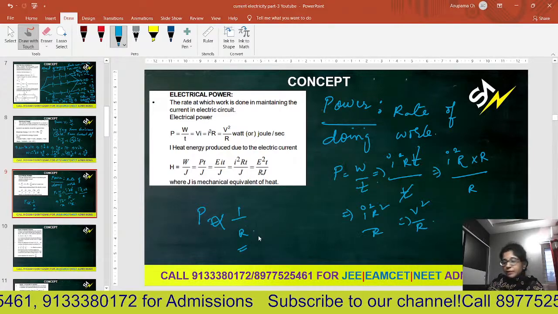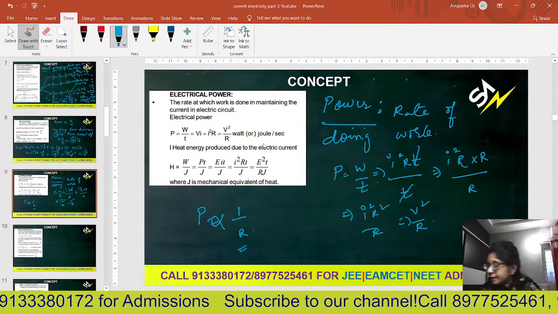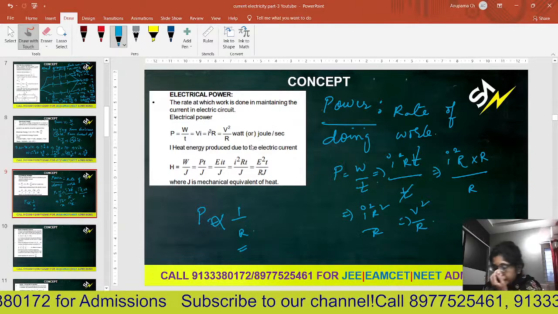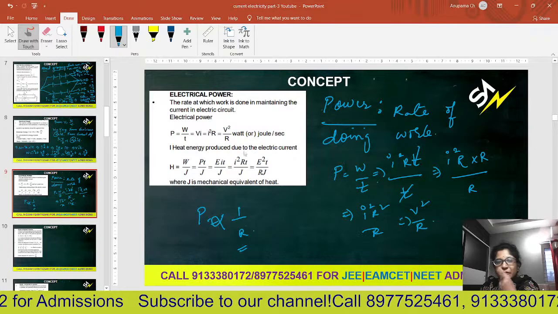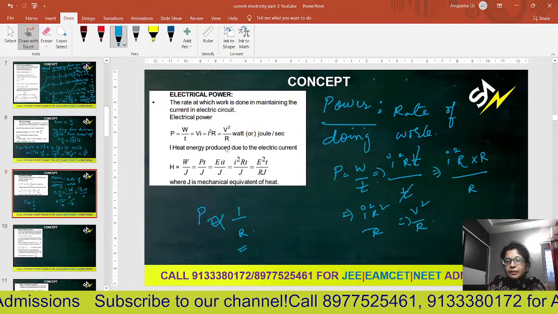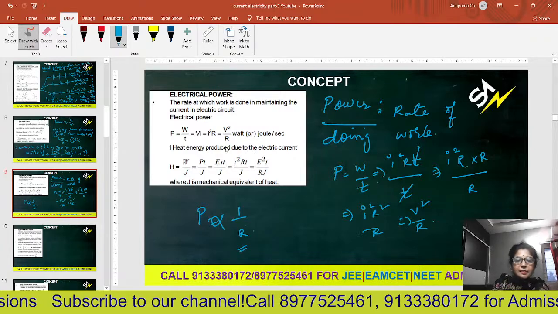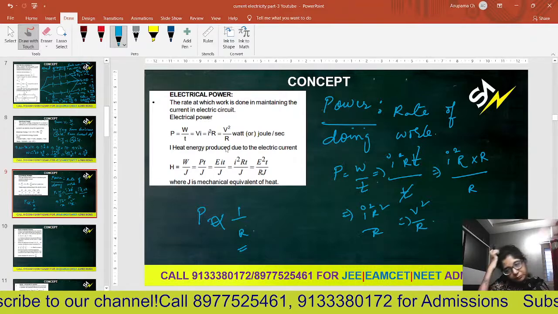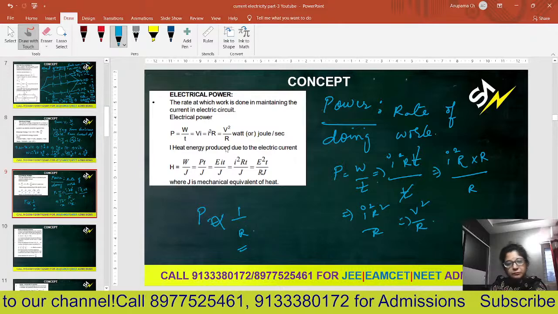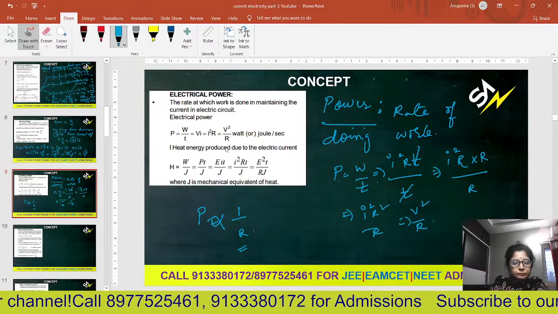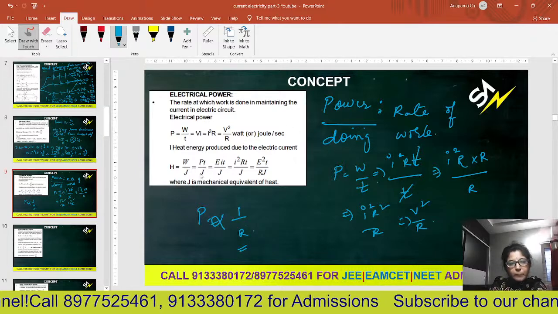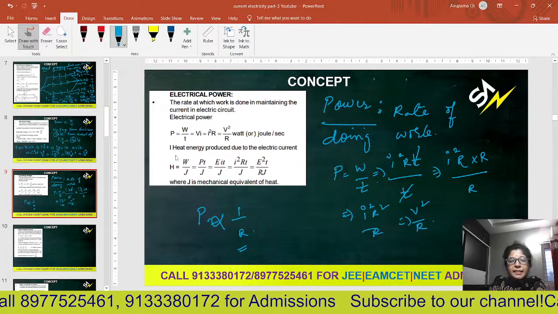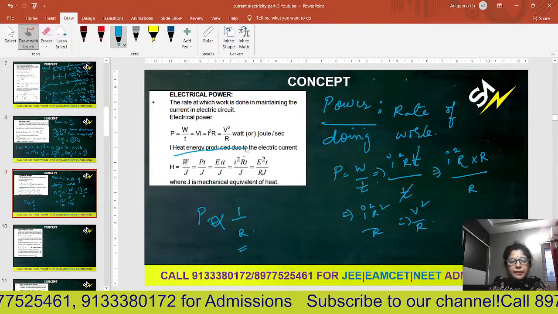Okay, here we just go and see. Few formulas they have given here. See, heat energy formula also they gave here.